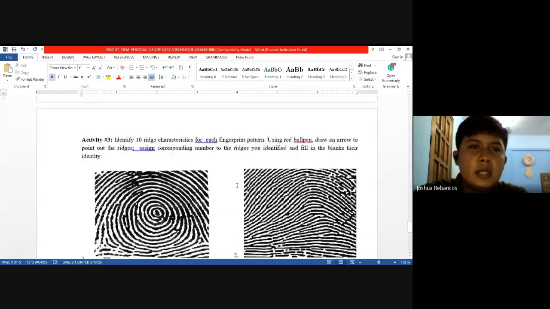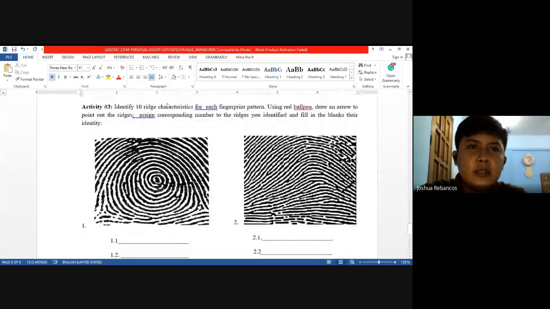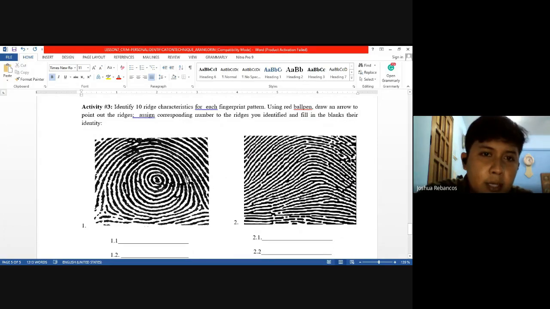Ito namang si activity number 3, identify 10 ridge characteristics for each fingerprint pattern using red ball pen. Draw an arrow to point out the ridges. So, maggamit kayo ng red ball pen para mag-draw kayo ng arrow. For example, ito, eyelet yan, island. Ito, example, okay, bifurcation. Example, delta. Yan yung core. Arch to.